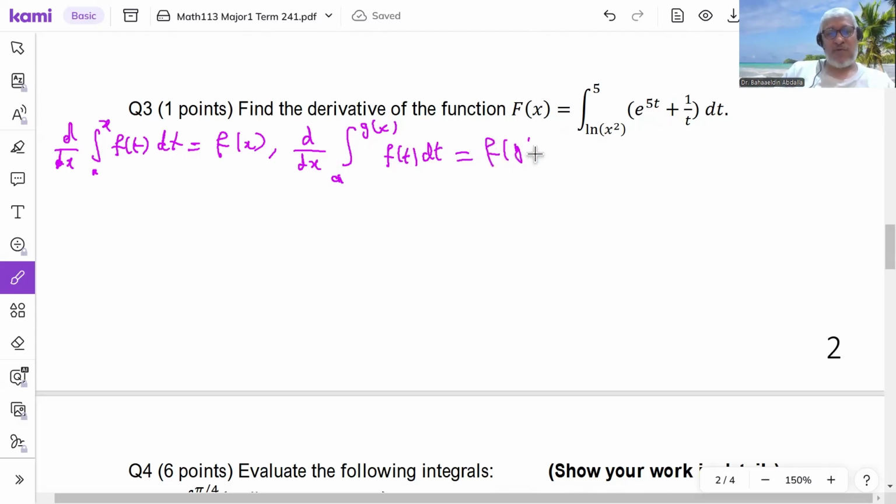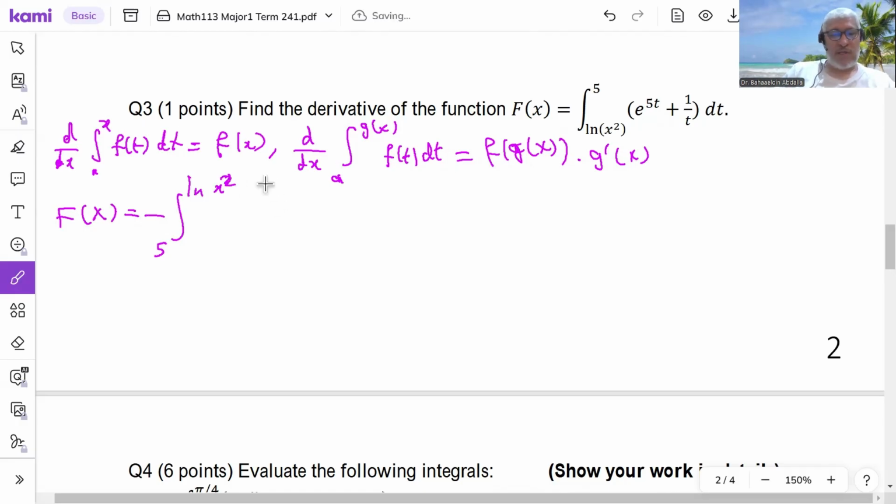So I'll have f of g of x, and since this is a function, you need to multiply by the derivative of g. So I start by letting f of x be this one. I'm going to write it negative when you interchange the limits of the integral.